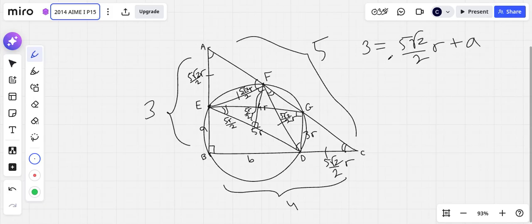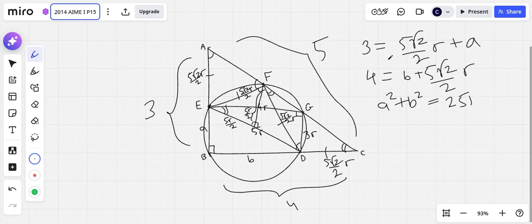Adding the segments to equal length BC, we'll have 4 is equal to b plus 5 square root of 2 over 2 r. And then finally, I have the right triangle EBD, where a squared plus b squared equals 5r squared, which is 25r squared.